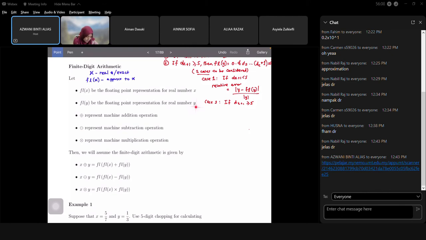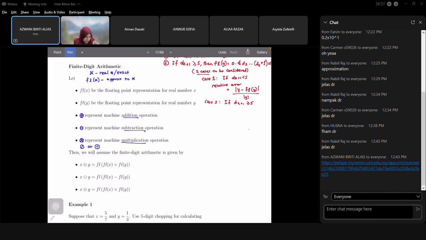This is the machine addition operation, the calculation operation in finite digit arithmetic. This is addition. I'm not sure why they put the circle, but that's how it is. This is subtraction, this is multiplication, and division looks like this. The meaning is the same. Addition, subtraction, multiplication, division and so on.